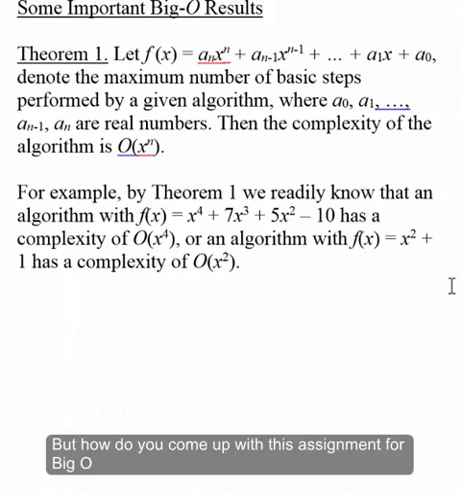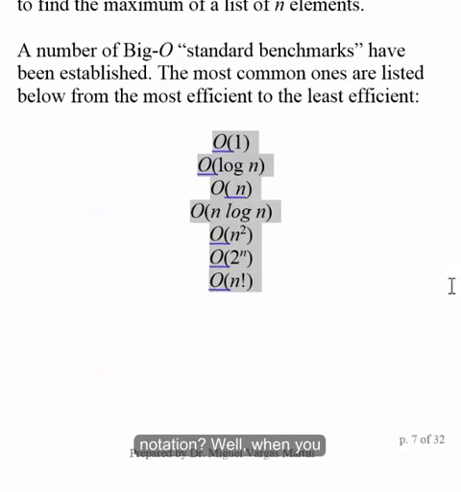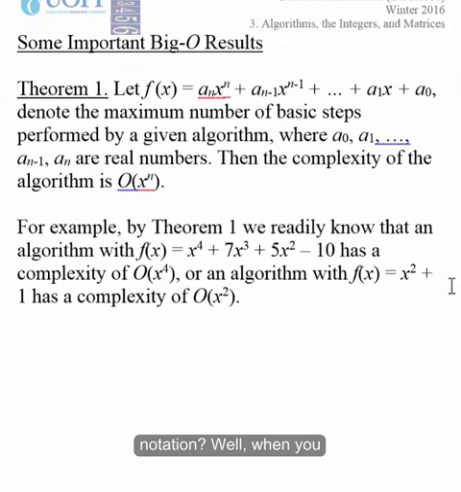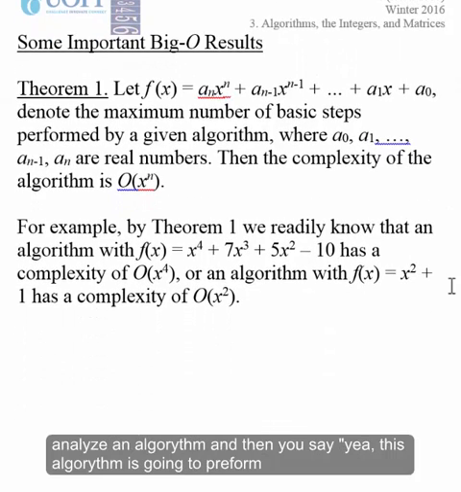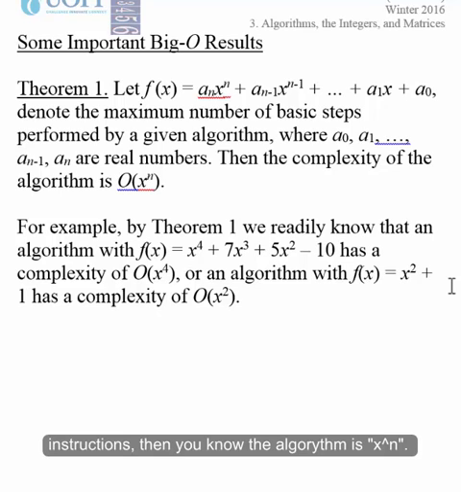But how do you come up with this assignment for big O notation? Well, when you analyze an algorithm and you say, yeah, this algorithm is going to perform x to the power 3 instructions. Okay, x could be, I don't know, 3 to the power 3 instructions. Then you know the algorithm is x to the power n.